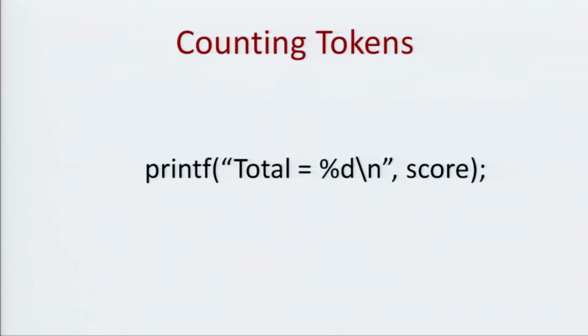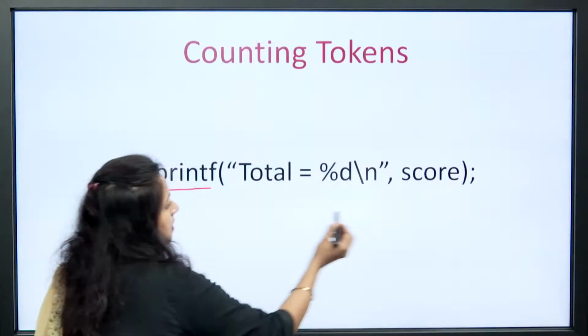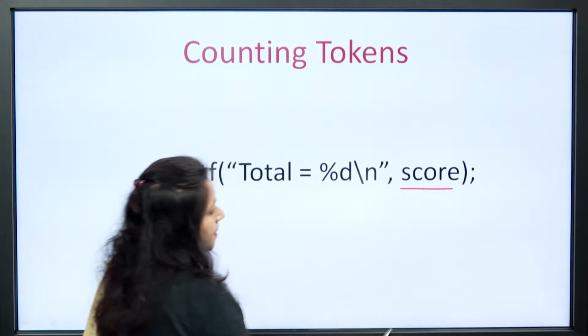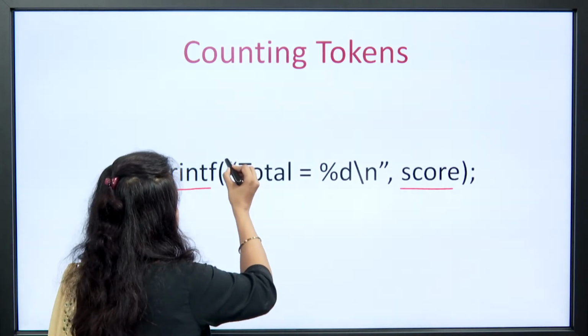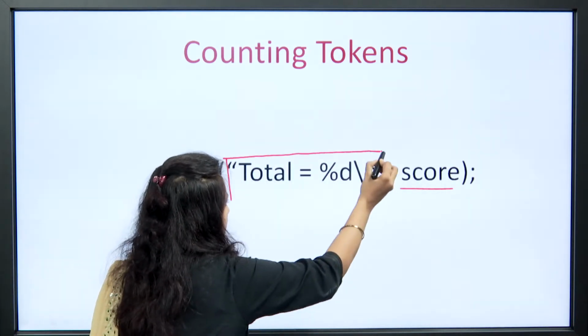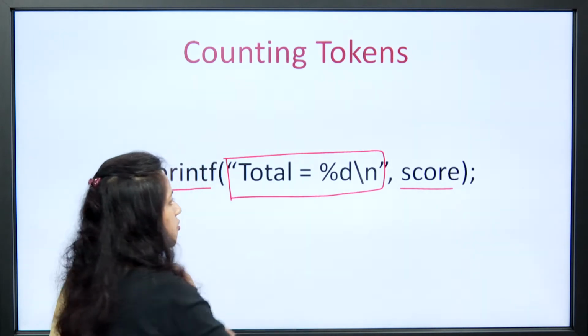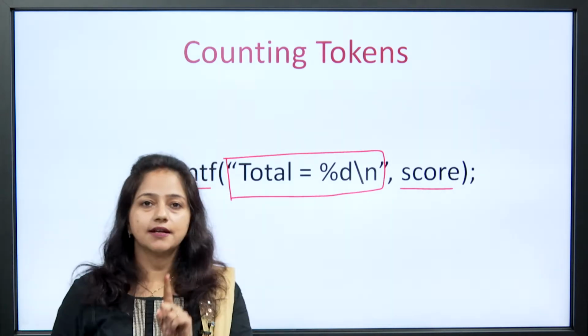Similarly, there is another example to count the tokens. So, here what are the tokens? The main thing is printf is a token, score is a token, and the rest are punctuator symbols, which are also tokens. But if we look at this portion, this whole is a single token.